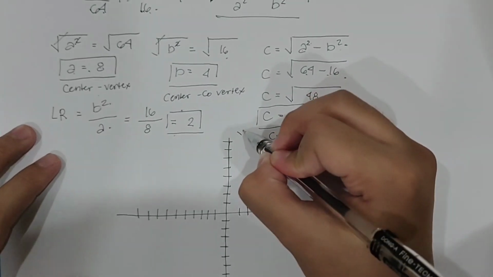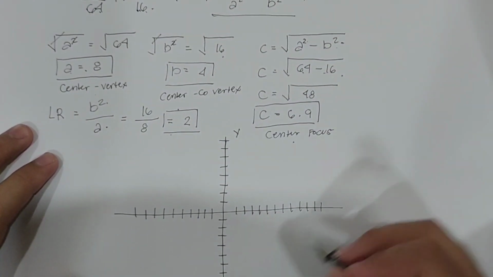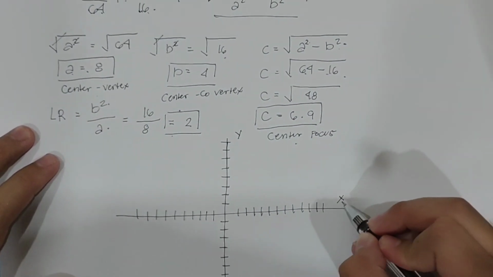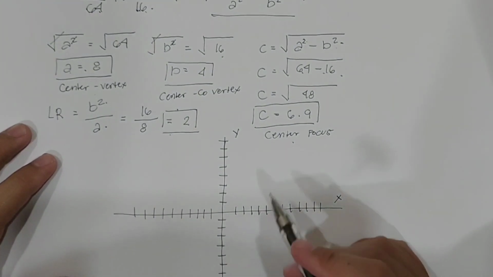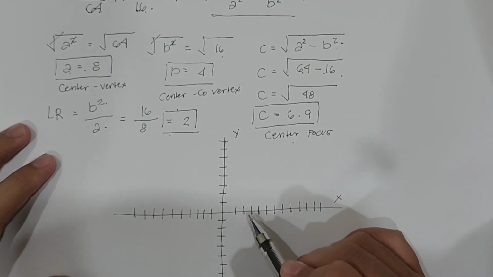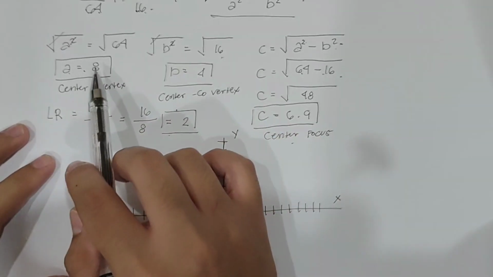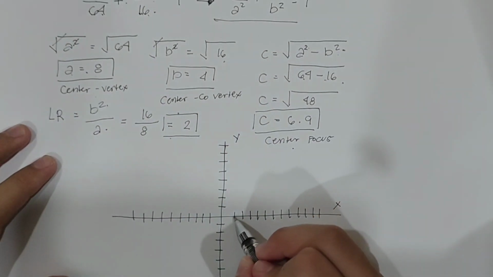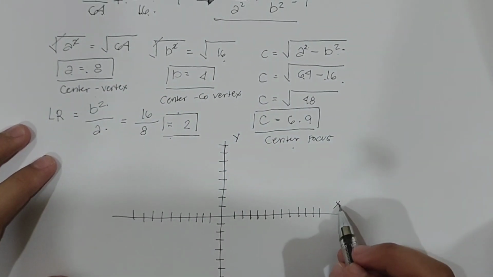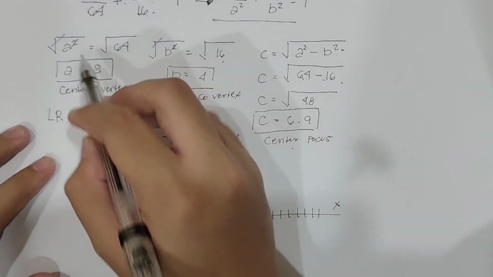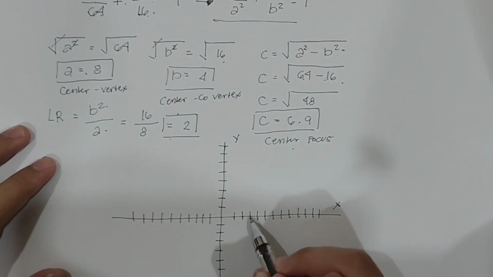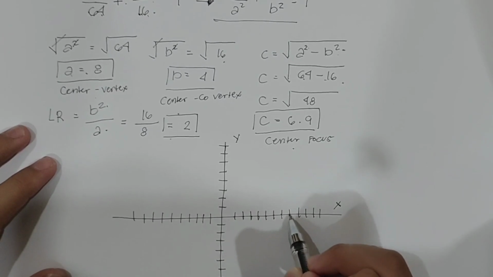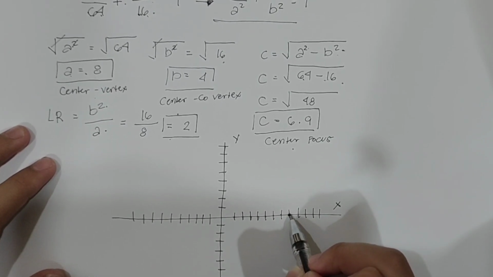Okay, so this is the y-axis, and this is our x-axis. Now first, we'll look for our vertex, which is here. We'll start from our x-axis because the greater number is 64. So 1, 2, 3, 4, 5, 6, 7, 8. So here is our vertex 1.